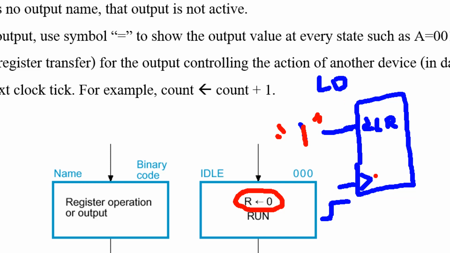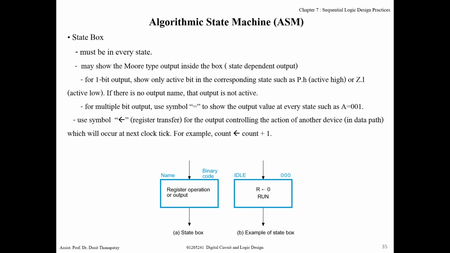But the real action will not happen until the clock tick. That means if the clock does not tick, the value in register R is still non-zero, still not cleared, until the clock tick or a change to another state. So the register is cleared when the clock ticks. Okay, be careful.